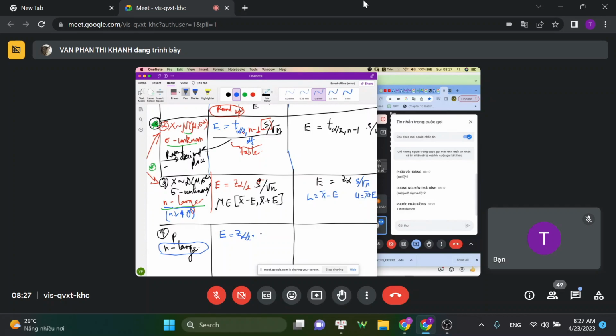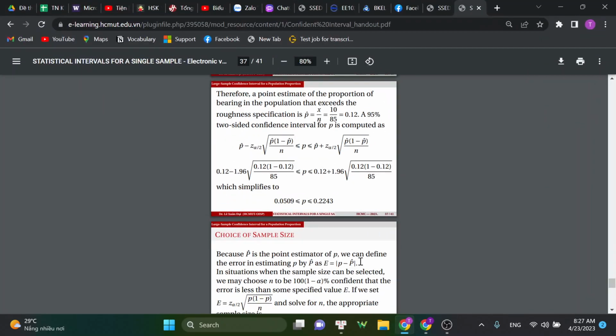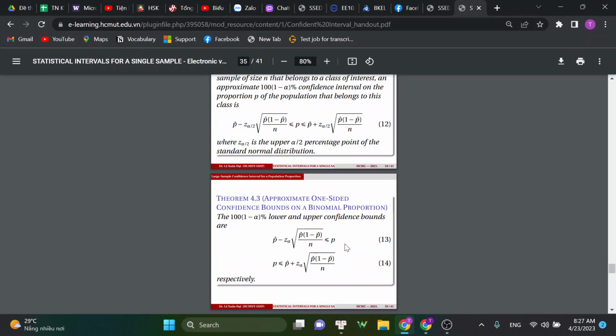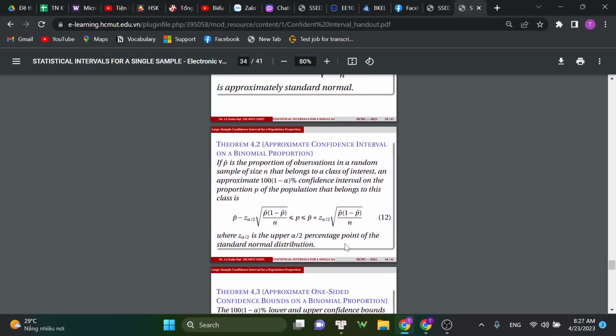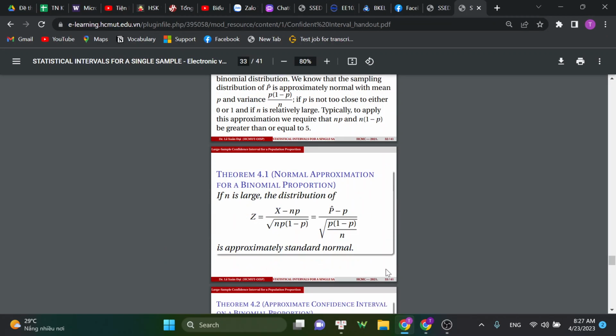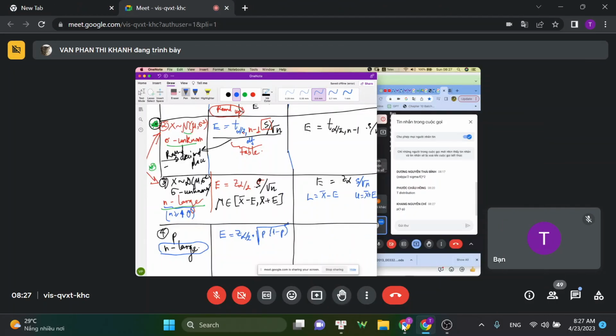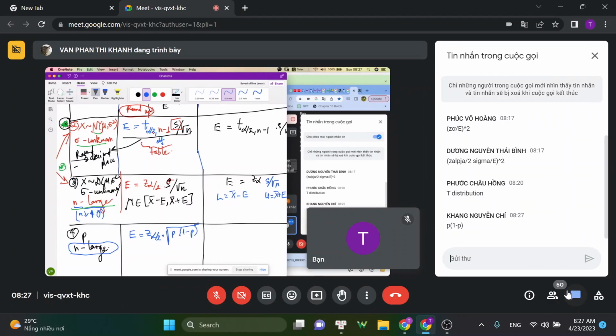And do you remember what the formula is here? What do we multiply? Square root of what? Anyone can tell me? Square root of what? P times 1 minus P? No, not just P times 1 minus P. Yes, over n.